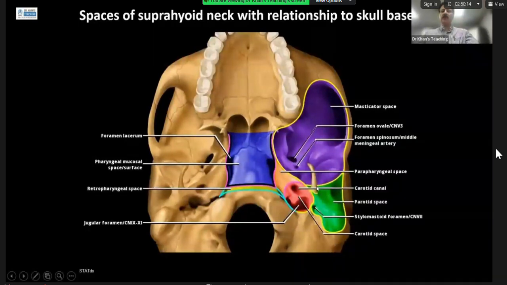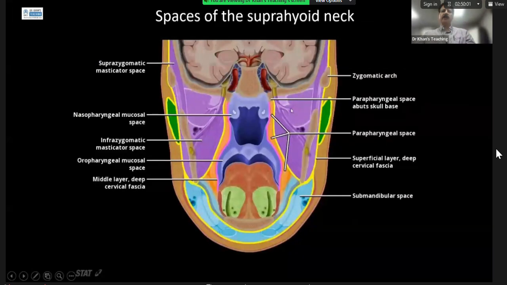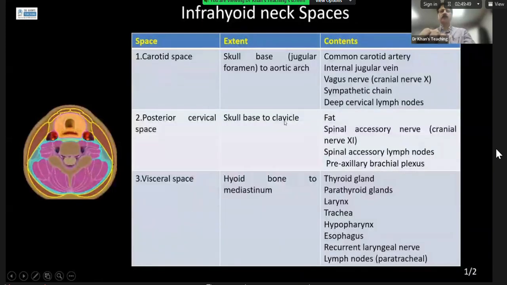Now, for today's session, key thing is this one, parotid space. And this is the stylomastoid foramen, from where the facial nerve comes down. So we'll revisit this. Again, a diagram will show you, for example, this purple space is the masticator space. And you can see this nerve which goes into, this is the V3, and goes into the cranial cavity.